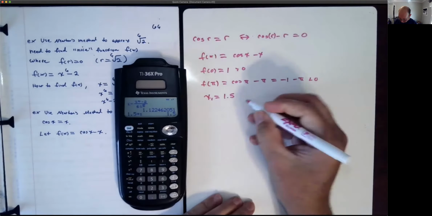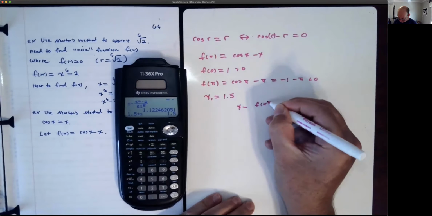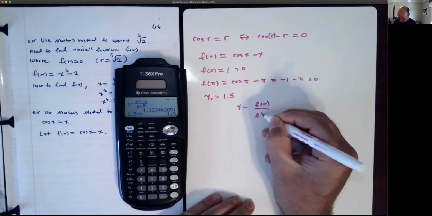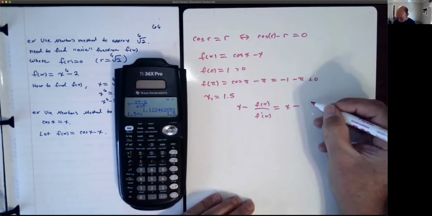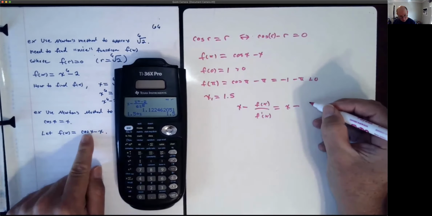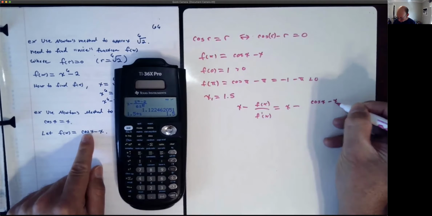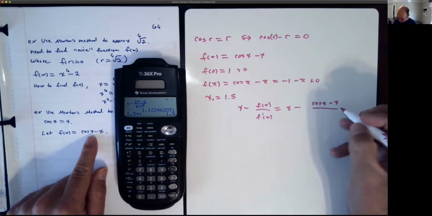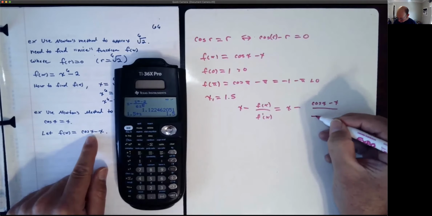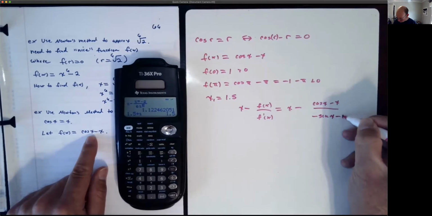And let's write down the expression for Newton's formula. So x minus f of x over f prime of x. So that's x minus cosine of x minus x, all divided by the derivative, which is negative sine of x minus 1.